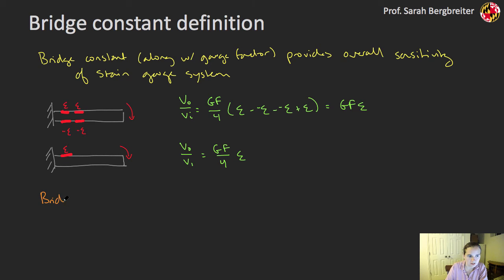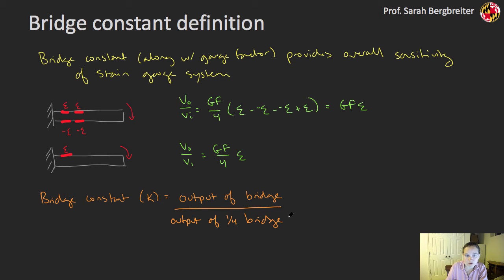So bridge constant is more formally defined by the variable kappa as the output of whatever bridge circuit I have divided by the output of a quarter bridge circuit that's measuring the same strain.